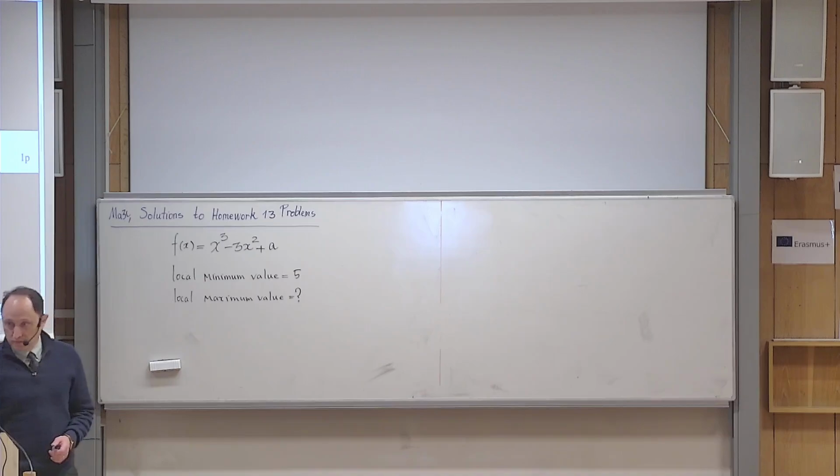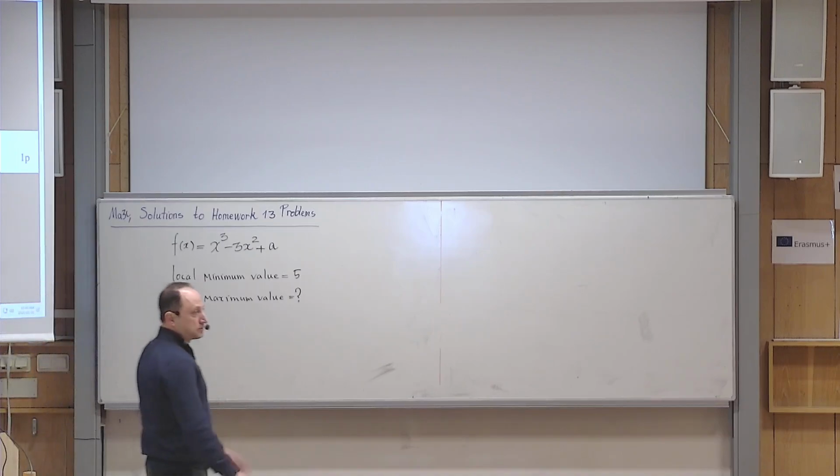But instead of giving a, they have given you one piece of information, that the minimum value of your function is 5. Based on this piece of information, they are asking what is the local maximum of f. Again, it means value. So think about it if you haven't done that before, so that I have time to clean the board. This is the question you are supposed to answer.